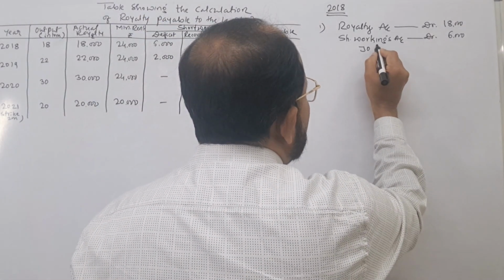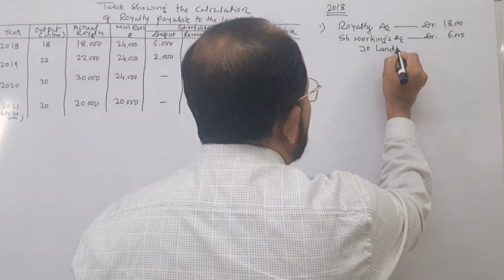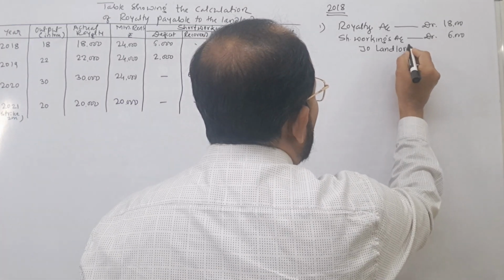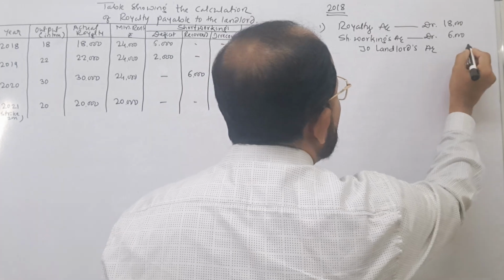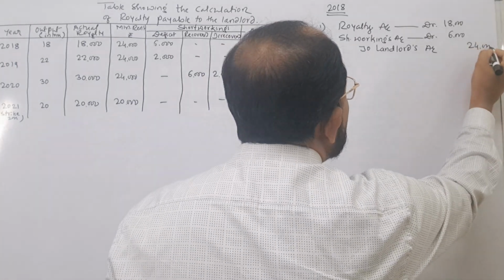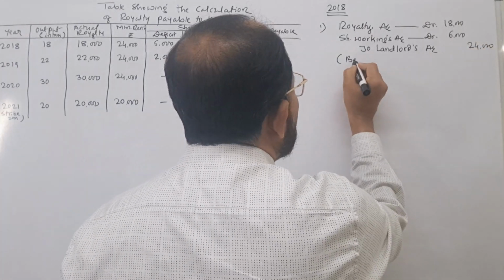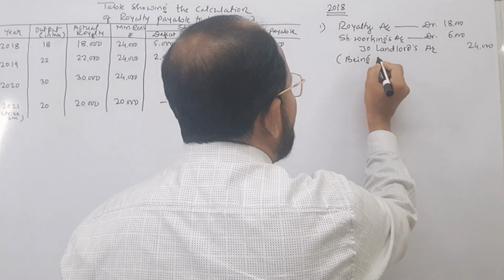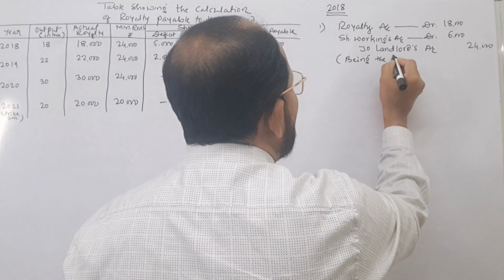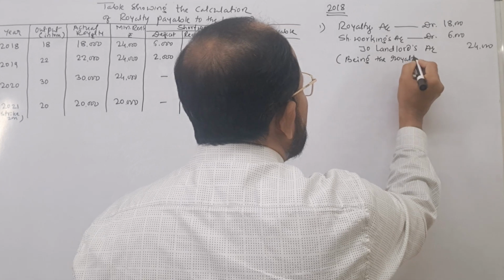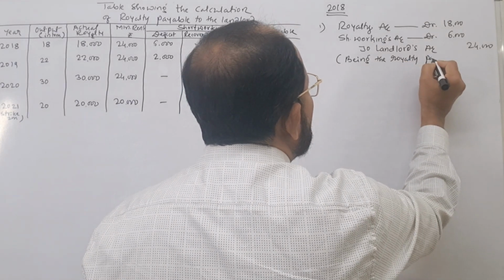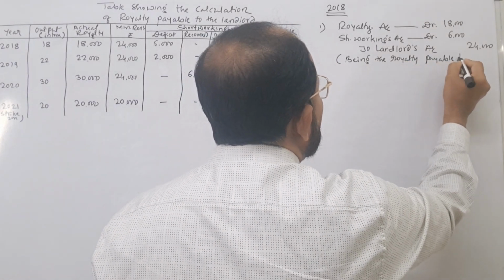To the landlord, right? But actual payment is not yet made to landlord's account. Rupees how much? 24,000. This is the entry we are passing for the amount payable, being the royalty payable to landlord.